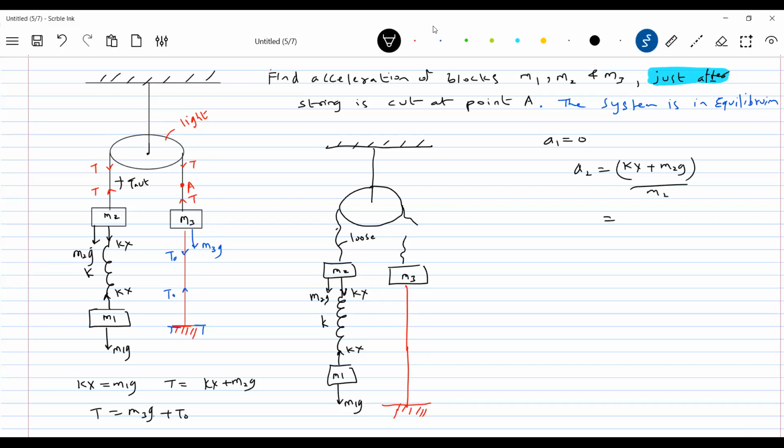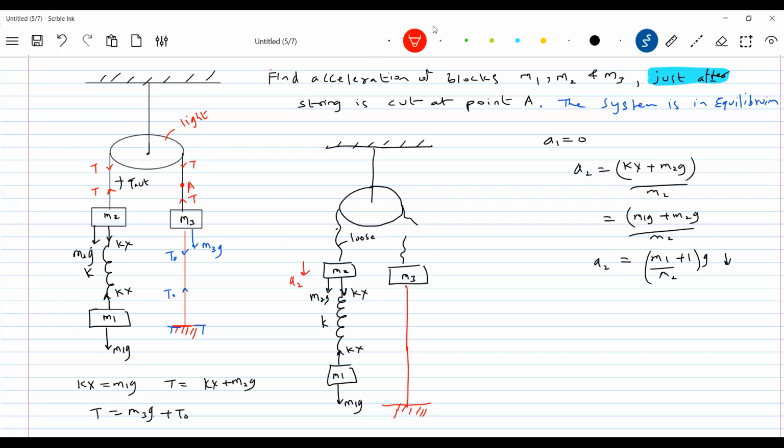What is the value of Kx from here? Kx equals M1G. So this is the acceleration. What direction is this acceleration? Downward.